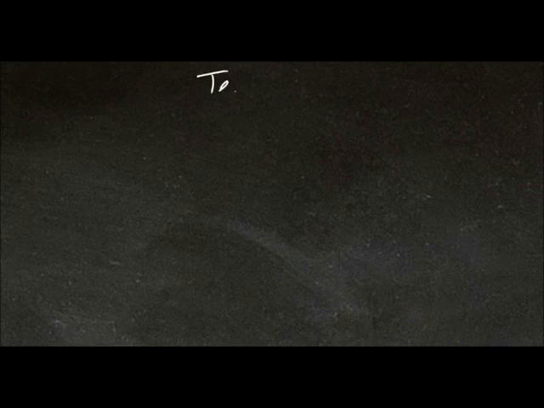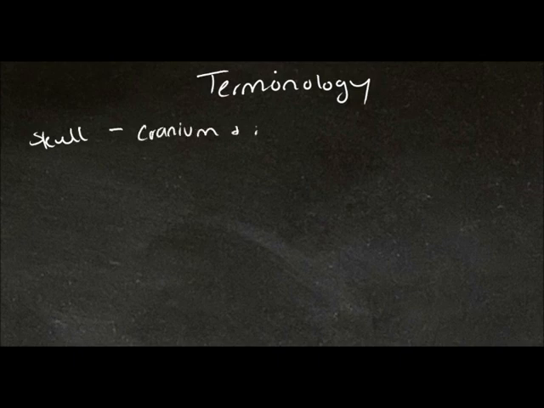Today I'm going to go over some forensic anatomy terminology. So when I say the skull, I mean both the cranium and the mandible. But as is the case in forensics, you can often end up with bits and pieces of the skull. You can sometimes find just the mandible, which is the lower jawbone.